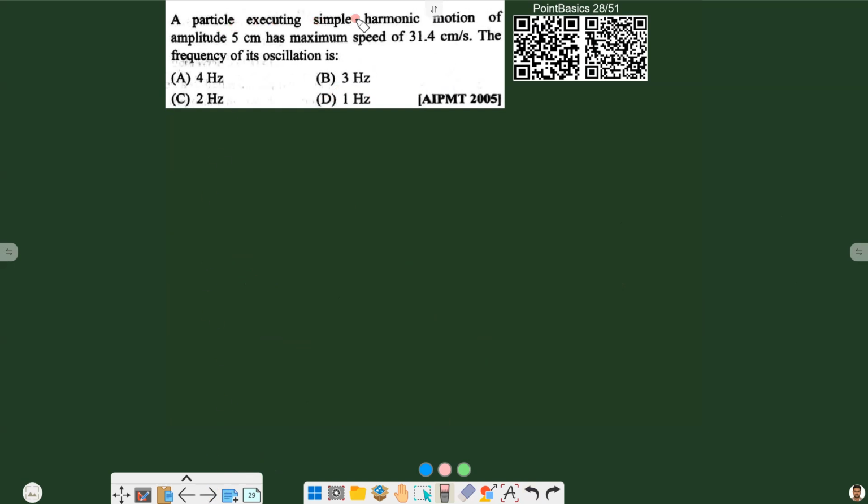A particle executing SHM of amplitude 5 centimeter has maximum speed 31.4 centimeter per second. Find the frequency of oscillation. So maximum speed or V max is given by A into omega, where A is amplitude.